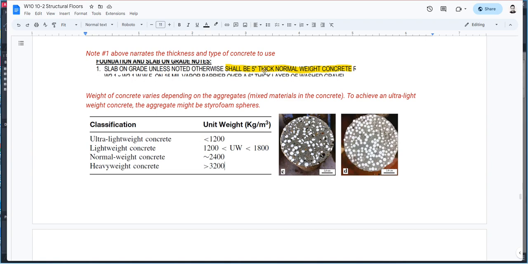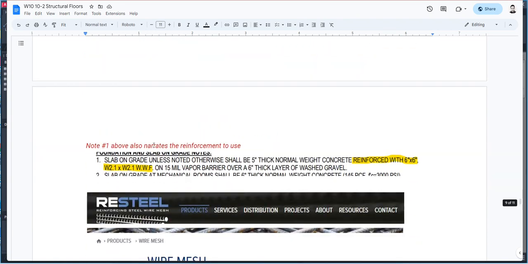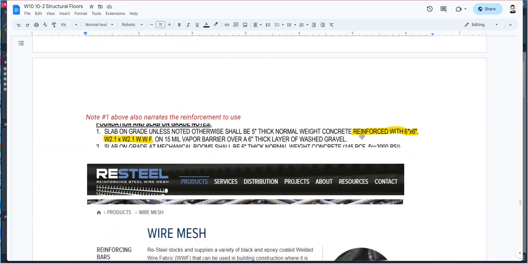Thickness of the slab is 5 inches and it's normal weight concrete. Also, in number one, you would find that the reinforcement is described here as a 6 inch by 6 inch W2.1 by W2.1 WWF. WWF means welded wire fabric.